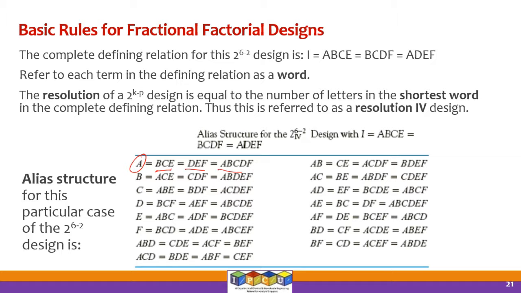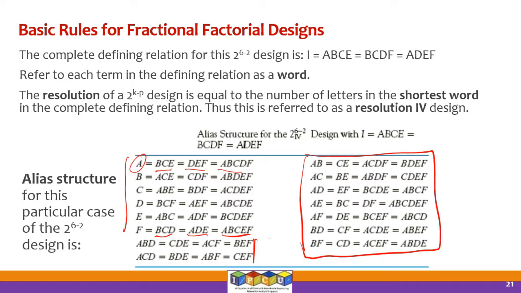So A, B, C, D, E, F, the direct effects are aliased with 3rd-order or 5th-order interactions. 3rd-order interactions are aliased with other 3rd-order interactions, as you can see here. 2nd-order interactions are aliased with other 2nd-order interactions or 4th-order or 6th-order interactions, etc. So we are very happy that this design has an alias structure where no direct effect is aliased with another direct effect or even 2nd-order effects. That is what this good design is about.